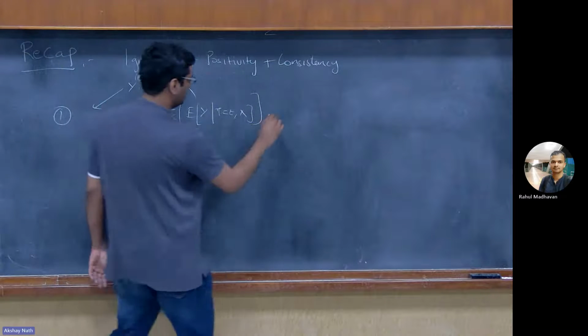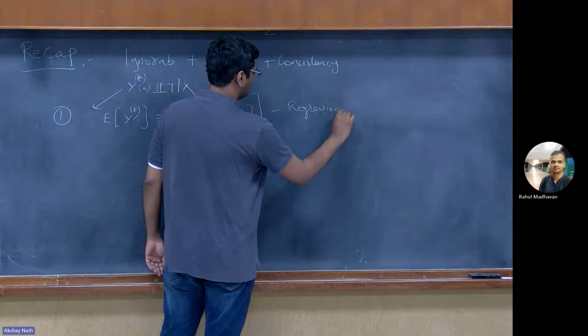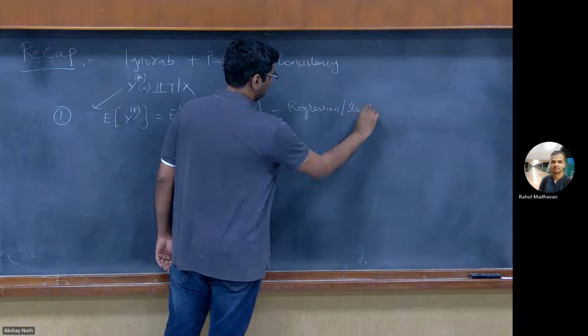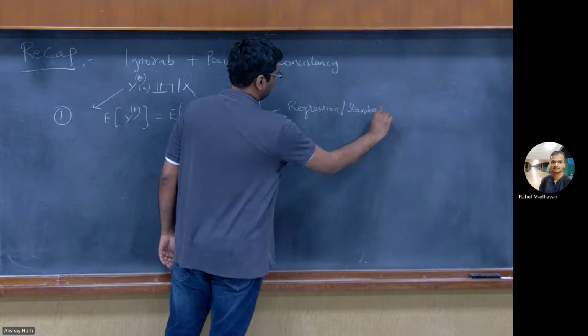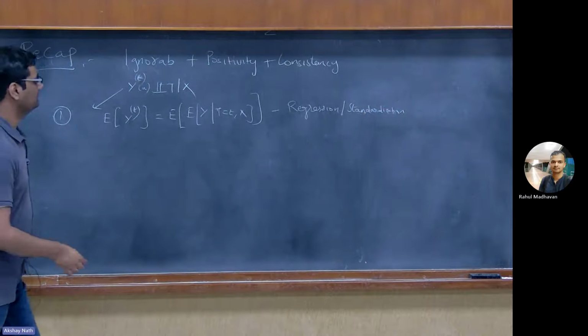So this was basically the regression estimate, or it's called standardization, or controlling for X.